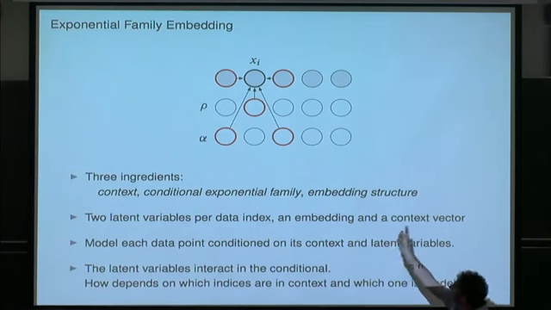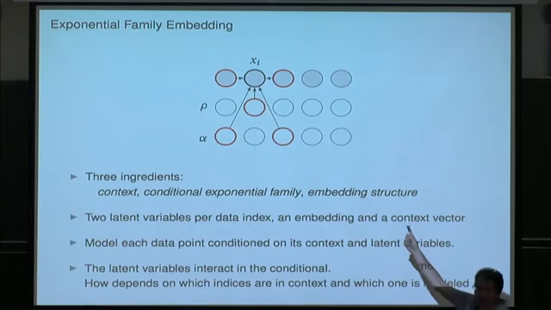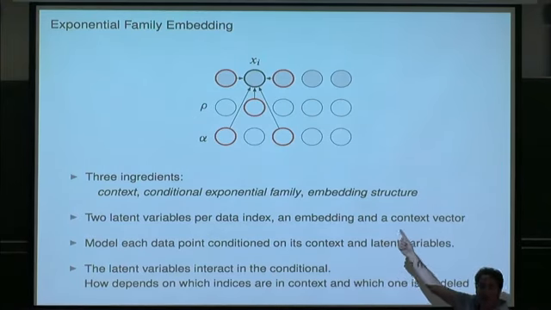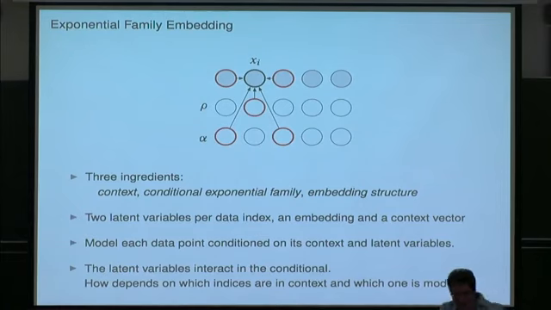What I'm trying to communicate with this picture is that the distribution of xi depends on its embedding, that's rho, that's lined up with xi vertically, and the context vectors, alpha, of the context observations, which are the two red nodes to the left and right of x. Okay? So that's the idea. The latent variables then interact in the conditional distribution of x, and how they interact depends on which indices are in its context and which data point we're trying to model.